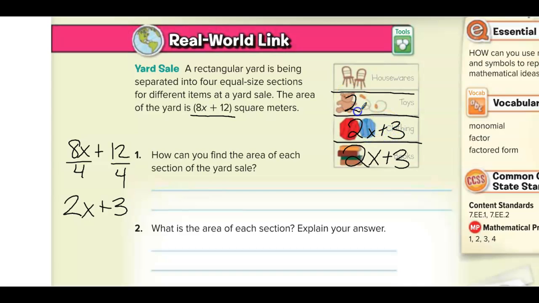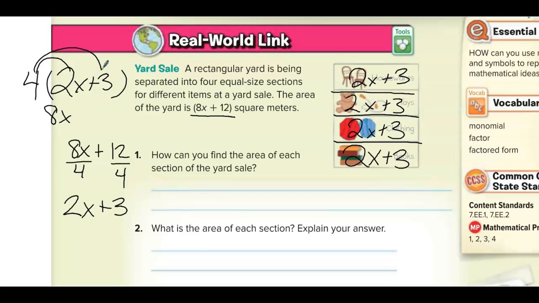Okay, how could we check to see if our answer is correct? You can multiply the 2x plus 3 by 4. I could take 2x plus 3, and how many groups of that do I have? 4. So 4 times 2x is 8x, and then 4 times 3 is 12. Is that what I started with? Yes.